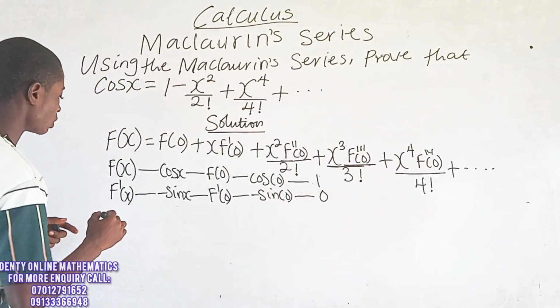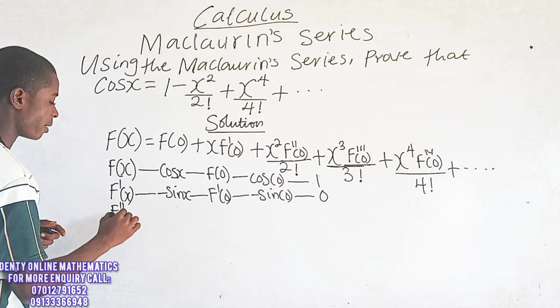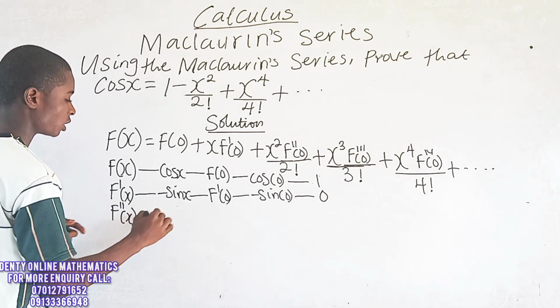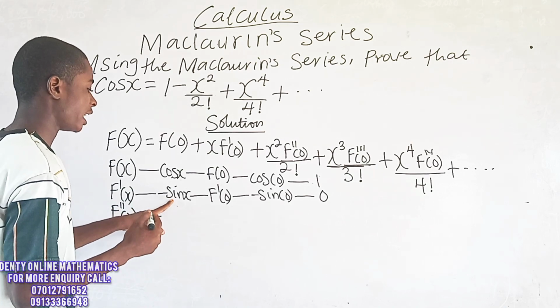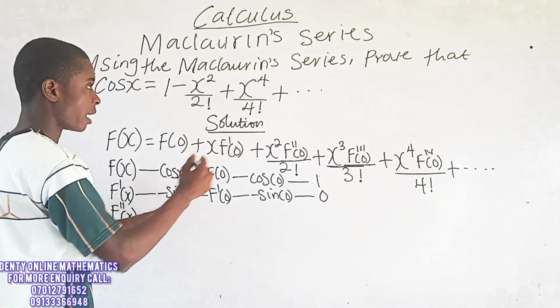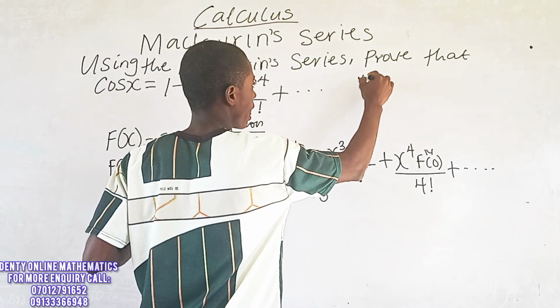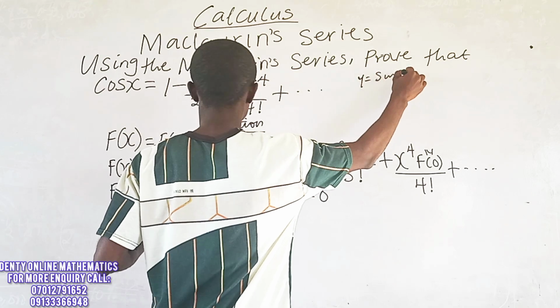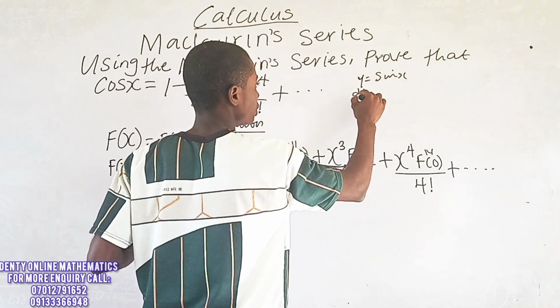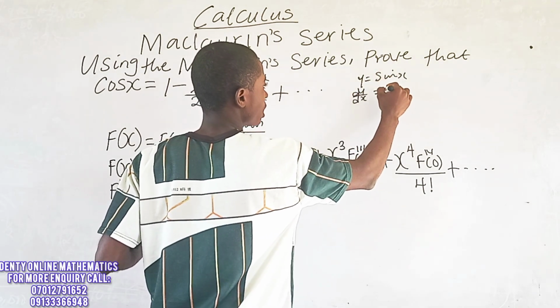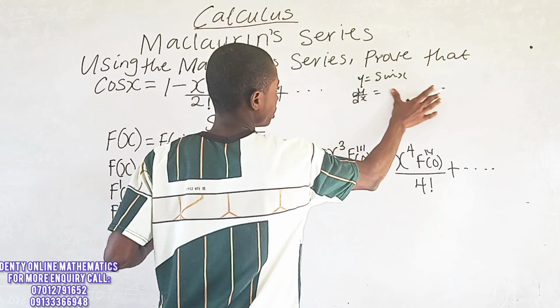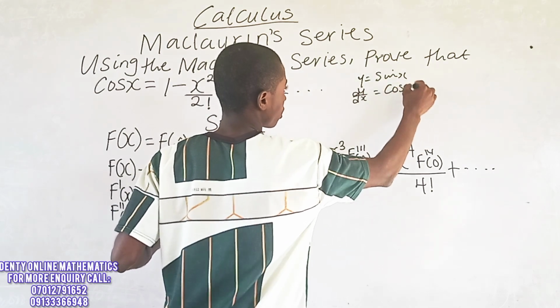Now we continue again, f double prime of x. The derivative of sine x is cos x, because if you have y equals sine x, that implies that dy over dx is equal to cos x.